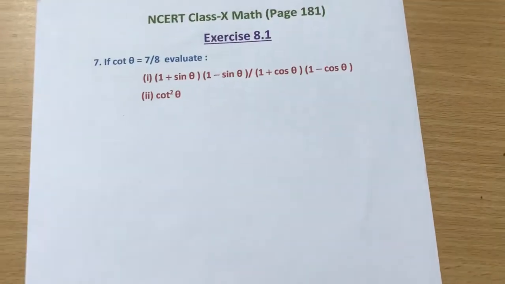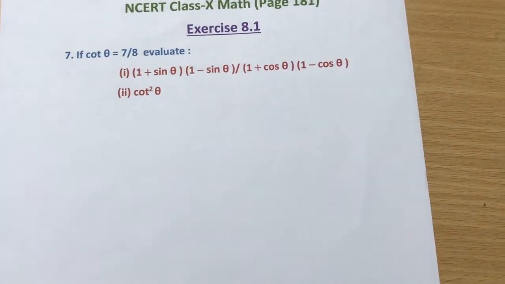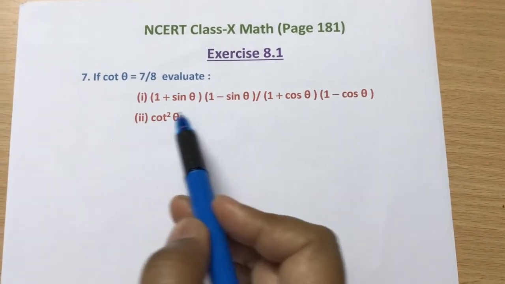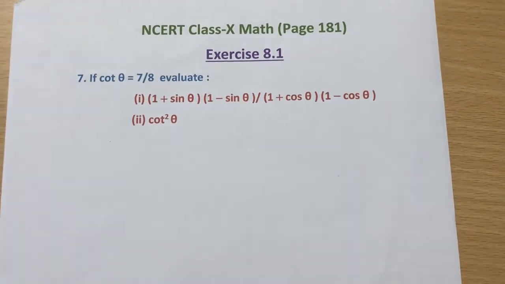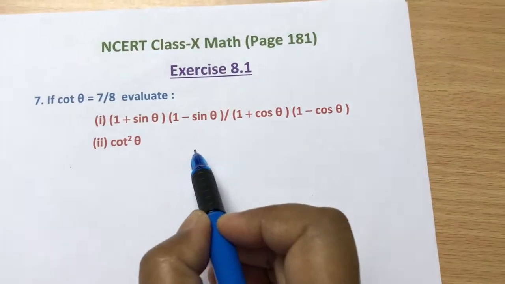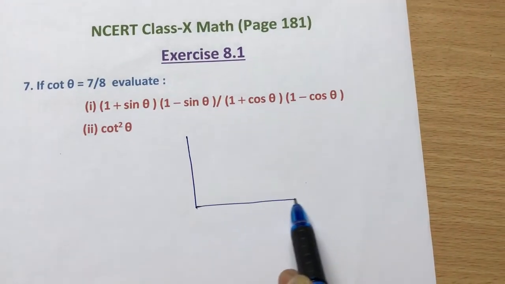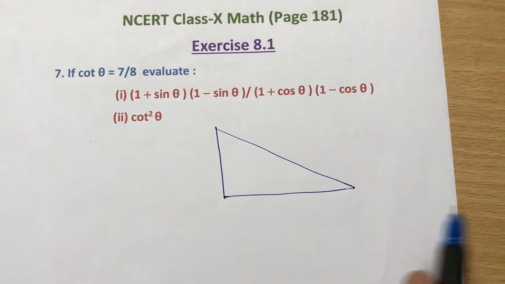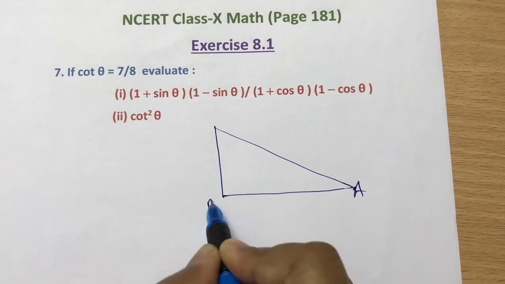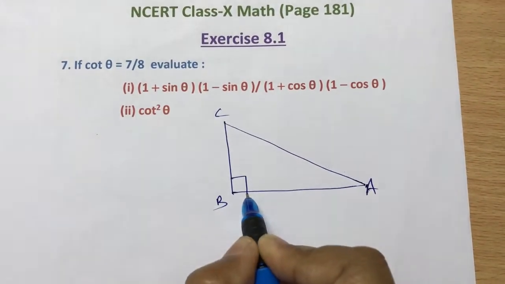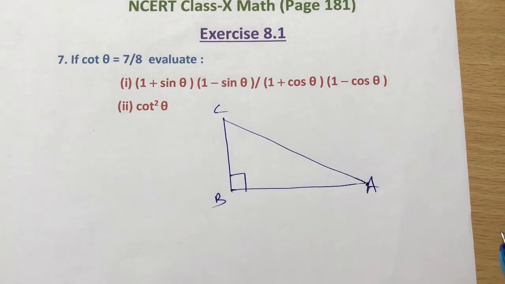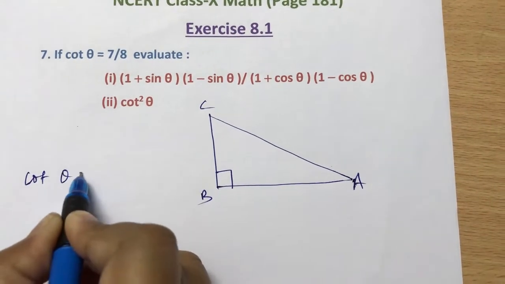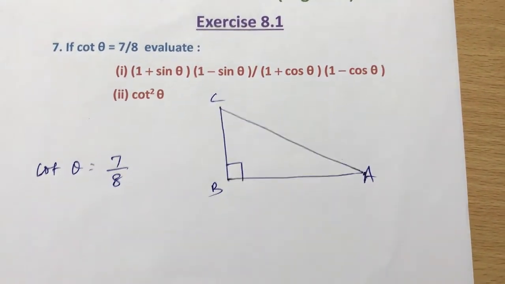Now we go to the 7th number. In the 7th number, it is written that if cot theta is equal to 7 by 8, evaluate this. So again, what to do? First, draw a triangle. Name it as ABC, right angle at B. Now it is given cot theta is equal to 7 by 8.